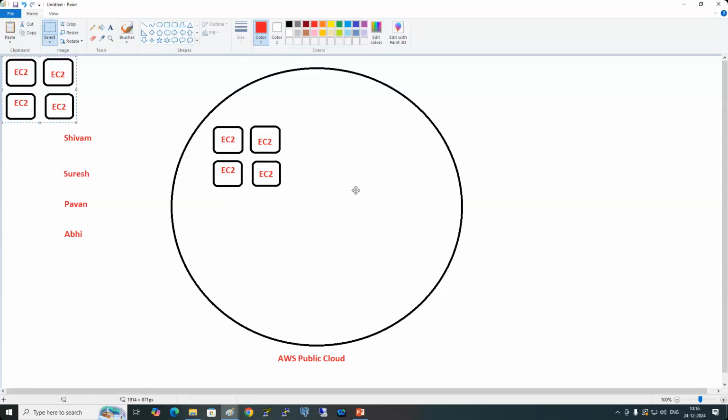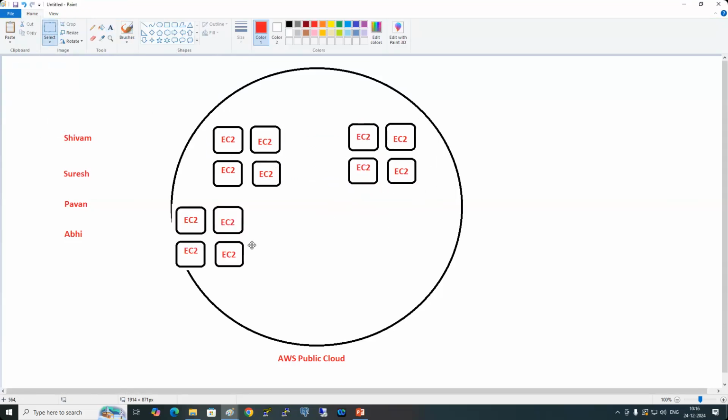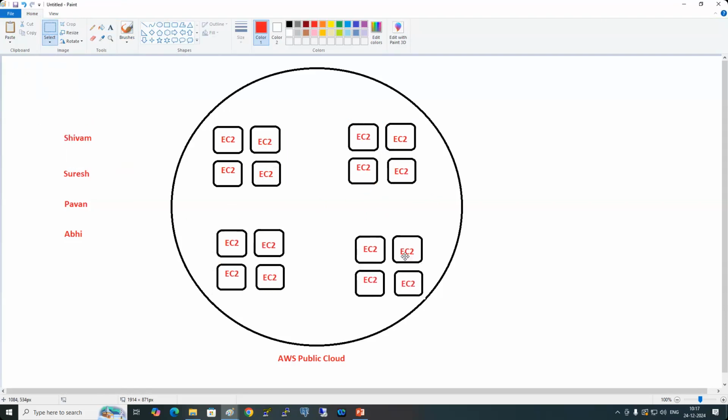Suresh also launched, Pavan also launched, and Abhi also launched EC2 instances. Now, whenever you launch in the AWS public cloud, your EC2 instance will also become public or not? Agree, everyone? AWS is a public cloud, so whenever you do something in the public cloud, you also become public.